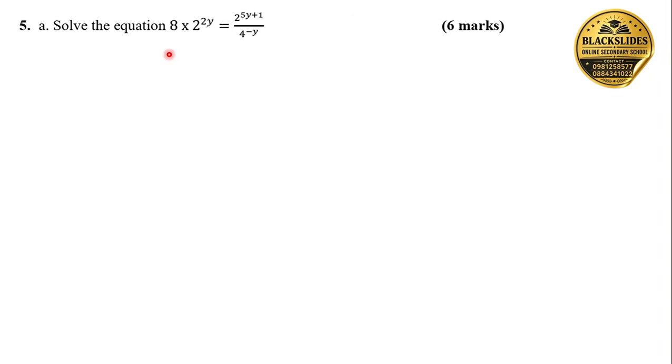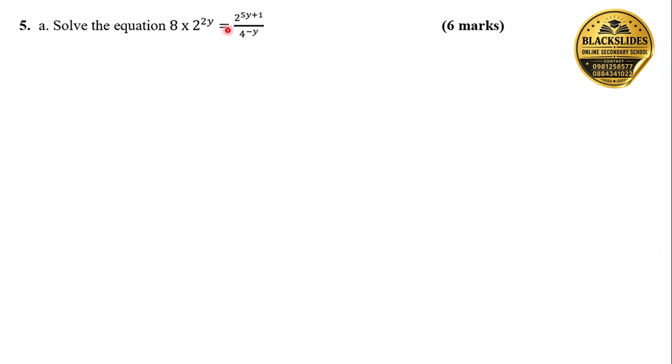Solve the equation 8 times 2 to the power 2y equals 2 to the power 5y plus 1 over 4 to the power minus y. Right.